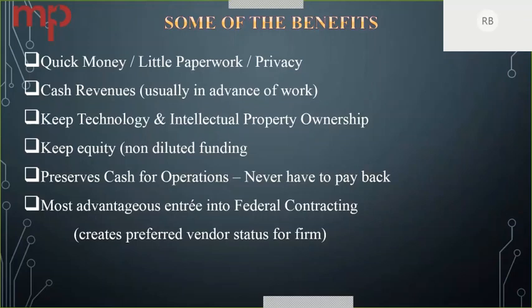Most advantageous entree into the federal contracting environment. When you get a phase two, sometimes very rarely, but when you get a phase two, it is likely that the government will buy something from you, and there's no competition. They don't put that out for bid anymore. Once you get a phase two award, for something like the boots we're talking about, the government doesn't go out and say, well, you've got a boot that works, and we're going to put this out for bid for everybody.